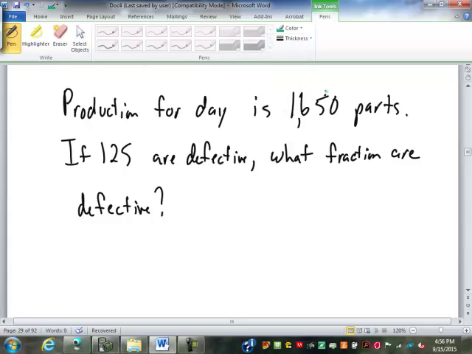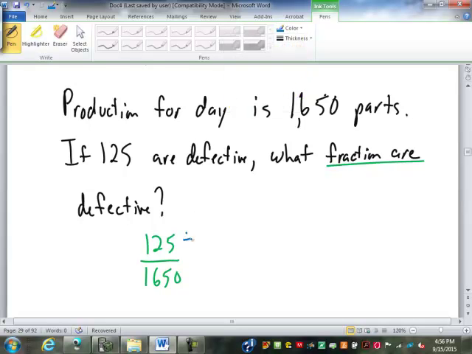So here, what's going to go on top and what's going to go on bottom? Well, what fraction are the defective? It's implying what fraction out of the total parts are the defective. So top will be the 125 defective. Bottom will be 1650.